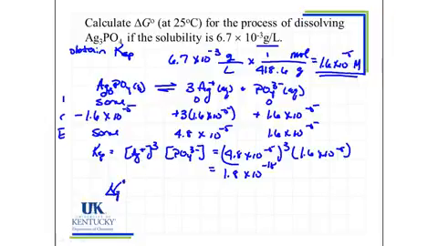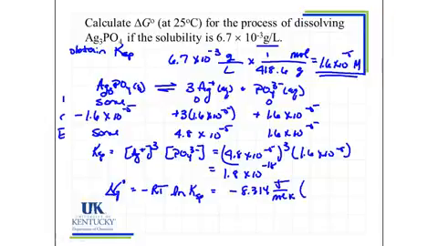Well, once we know KSP, we can get delta G. We know that standard delta G is equal to minus RT natural log of K, and in this case it's KSP. R is 8.314 joules per mole Kelvin. Temperature at 25 degrees Celsius is 298 Kelvin. Natural log of KSP, which was 1.8 times 10 to the minus 18.